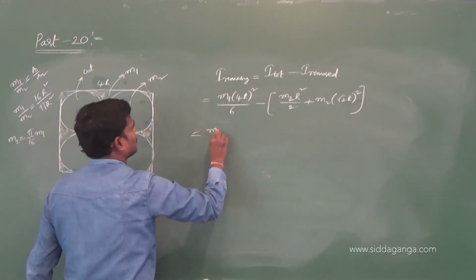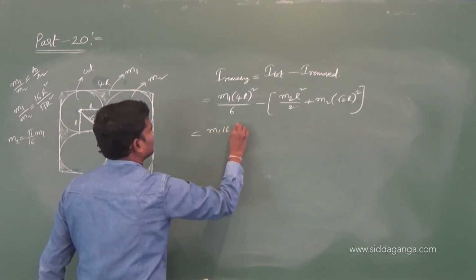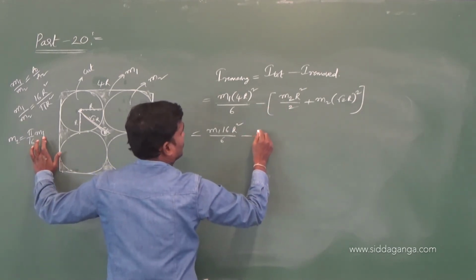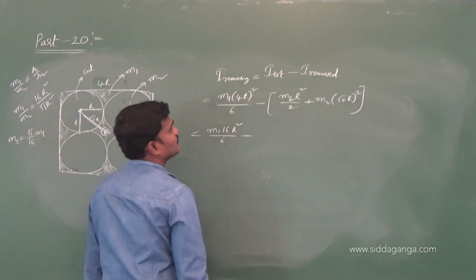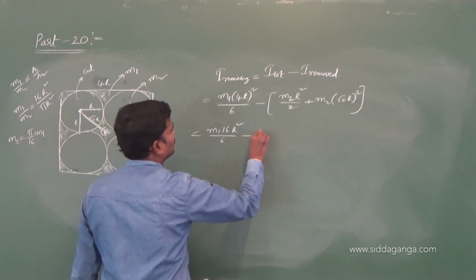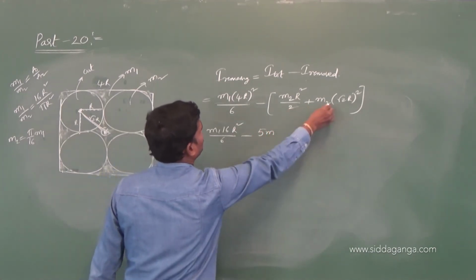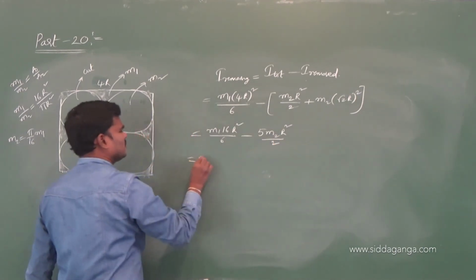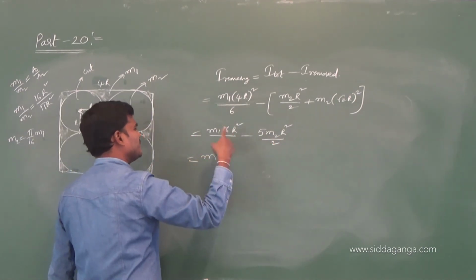So m1 16 r square by 6, m2 r square by 2, and 2 m2, how much is it now, 5 2 2 4, this is 5 m2 r square by 2. So let me write it in terms of m1.